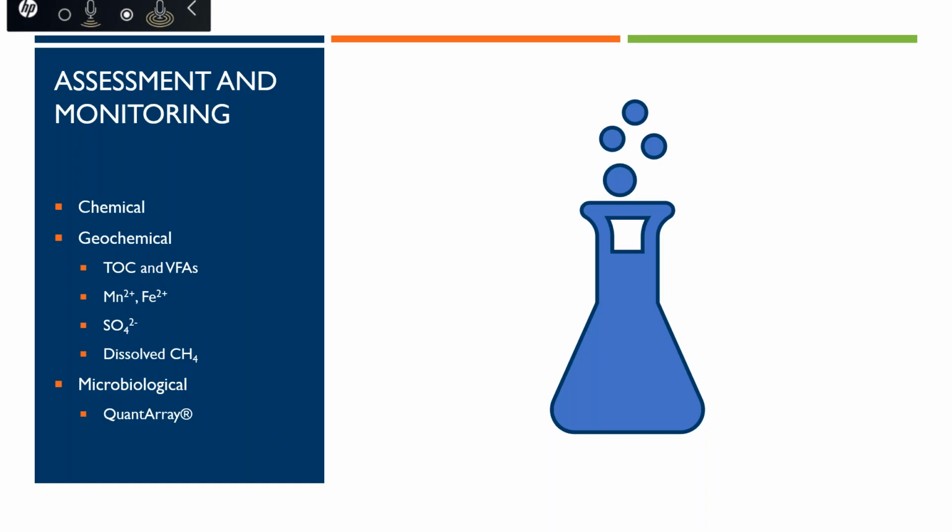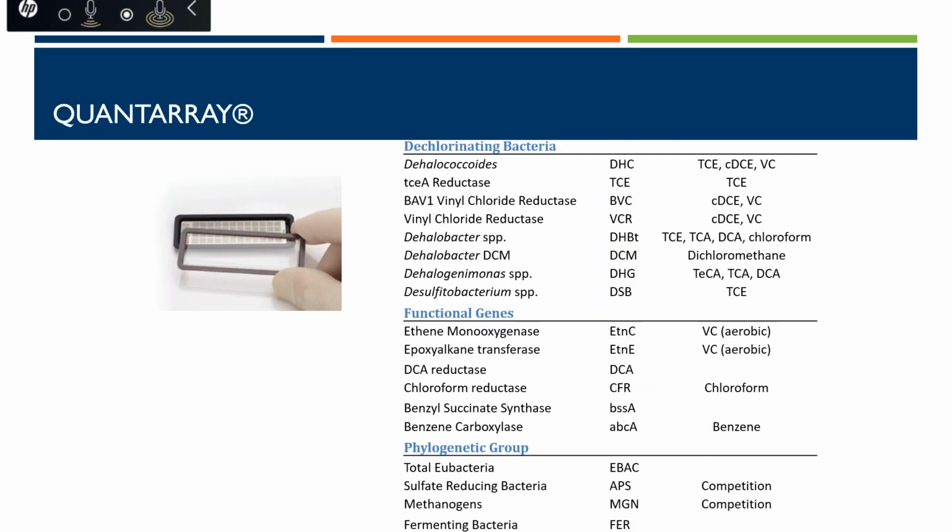In terms of the microbiology analyses, qPCR and then later QuantArray, as the number of targets of interest increased, were performed. So briefly, QuantArray is a small volume qPCR system allowing simultaneous quantification of a broad spectrum of microorganisms and functional genes of interest. In this case, we used QuantArray to quantify halorespiring bacteria, reductive dehalogenases, and known competitors like sulfate reducers.